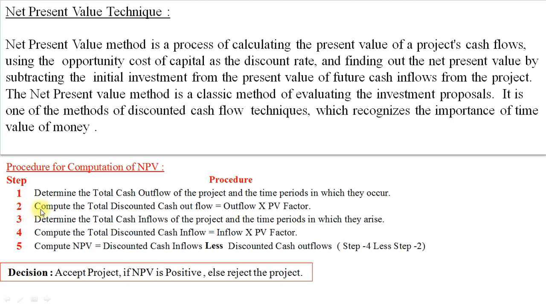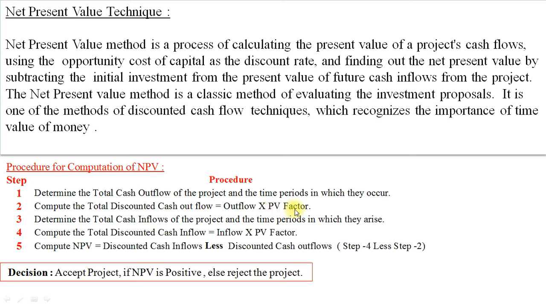Step number 2, we will compute the total discounted cash outflow, that is outflow multiplied by present value factor. Here in the second step, the cash outflow determined in the first step is converted into discounted cash outflow, and the formula will be cash outflow multiplied by PV factor.